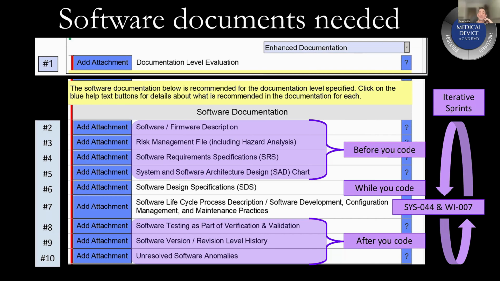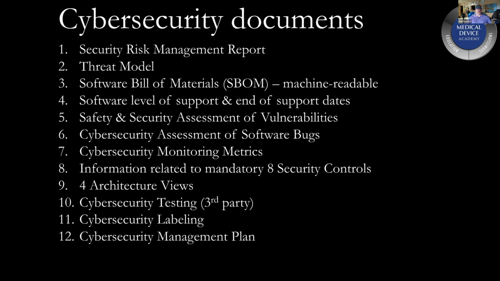There's another section of 12 requirements for cybersecurity, and that's on the next slide. You don't have to comply with TIR 57. You don't have to comply with ISO 27001. You don't have to comply with any of the cybersecurity standards except for the FDA guidance if you're going to the FDA. Somebody put in there 82304-1.